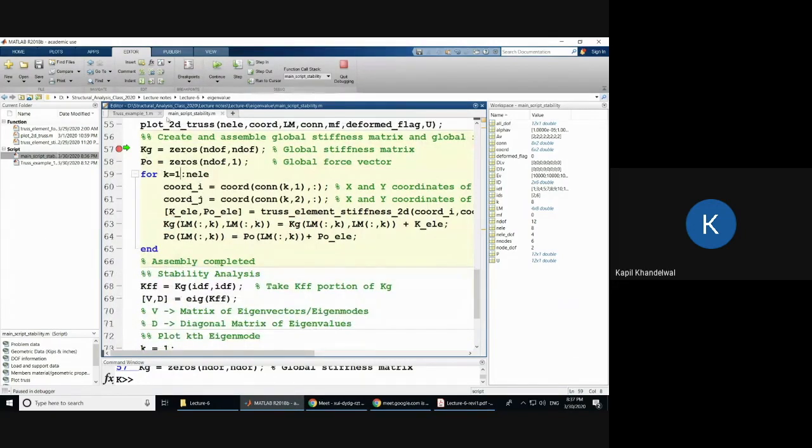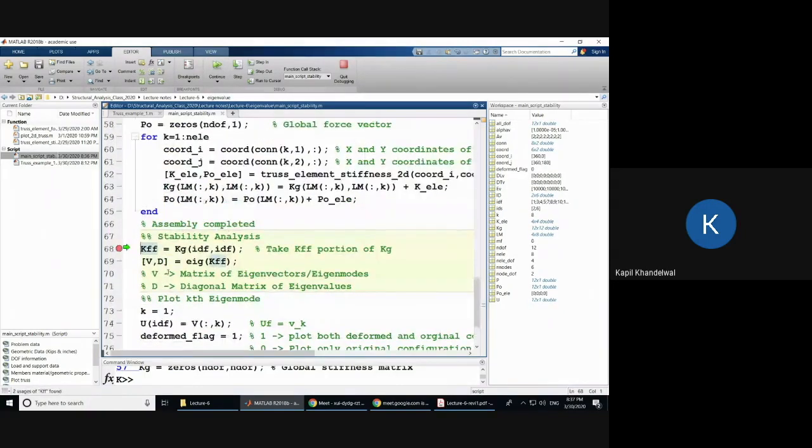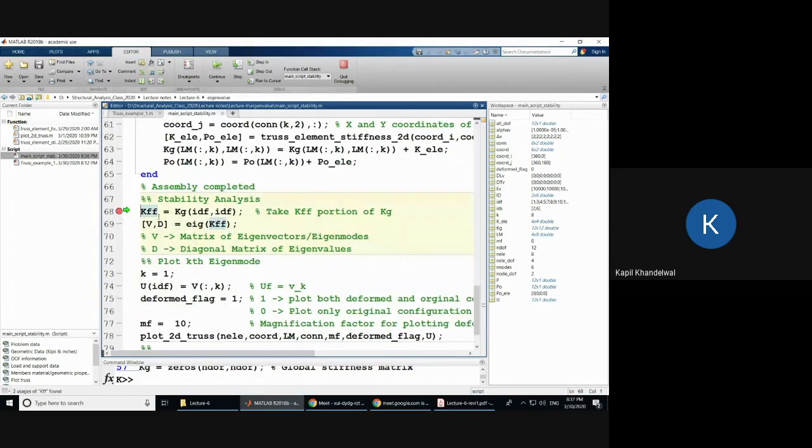And in this loop, we are assembling the global stiffness matrix. There is nothing new here. We are following the same idea that we discussed in the last lecture. I'm going to put the next breakpoint after the assembly is completed. So, okay, after the assembly is completed, we are just taking the KFF portion of the KG.